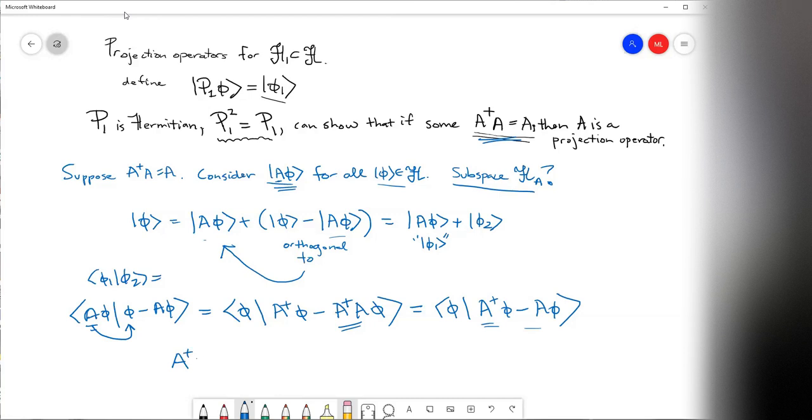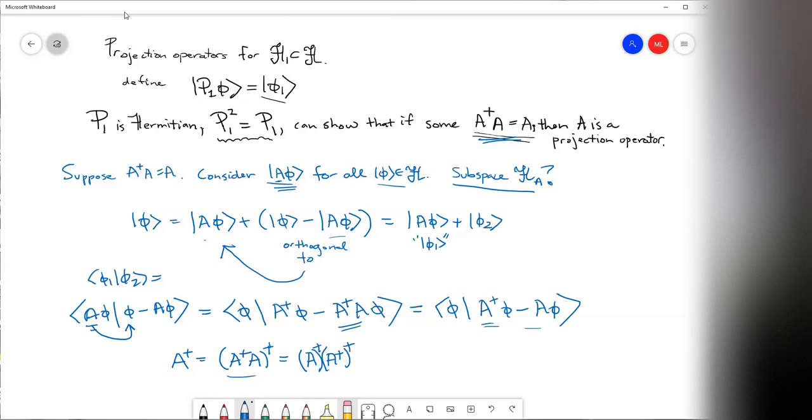A dagger is equal to A dagger A dagger. And this is something you will practice on the homework, and it's worth thinking about how you dagger a product of operators. The thing that you do is you reverse their order. So you put the A over here and the A dagger over here, and then you dagger them again.